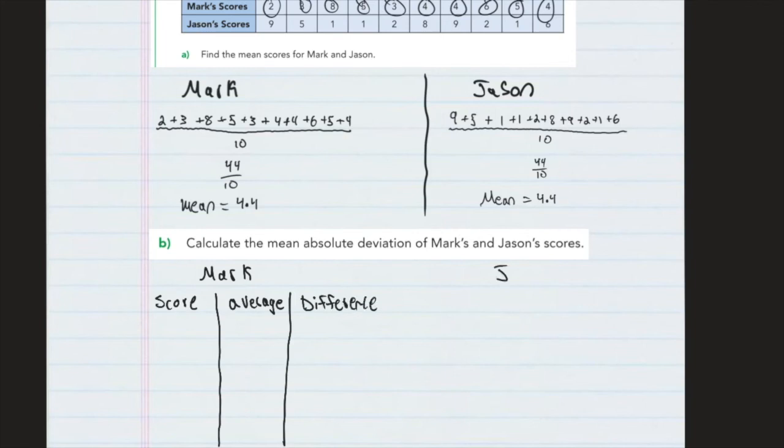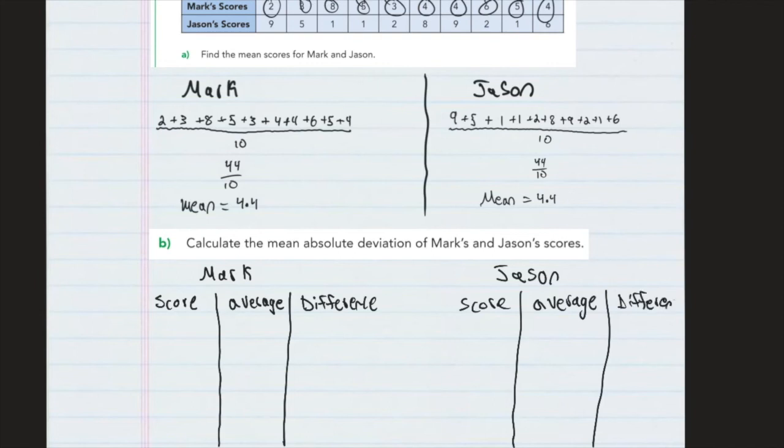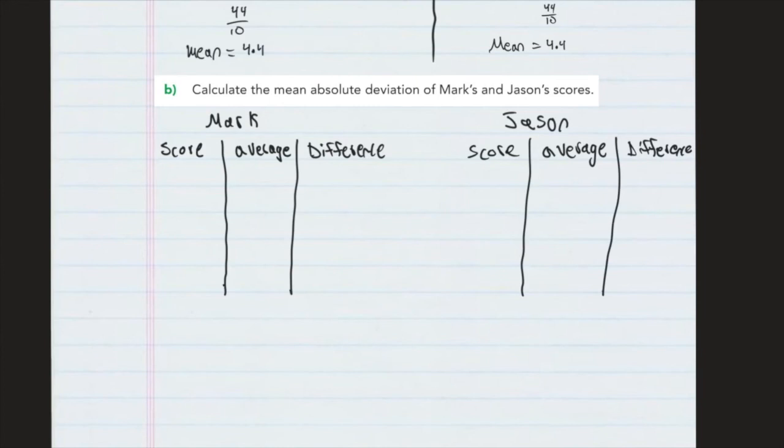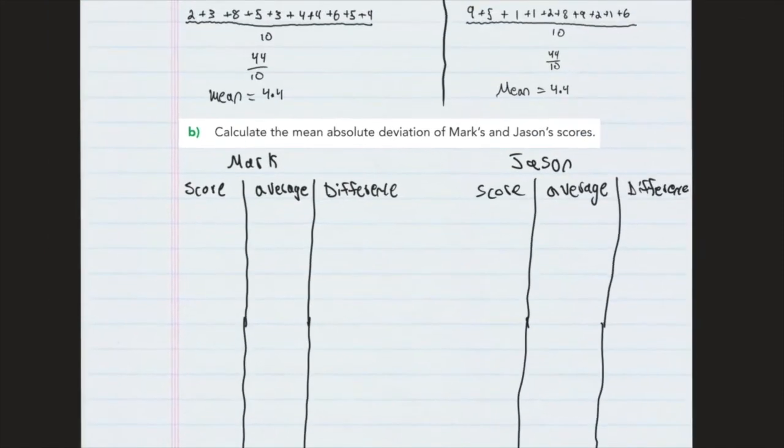And then Jason will have the same table with score, average, and difference. And so we're just going to list out all those scores that were given from the table.